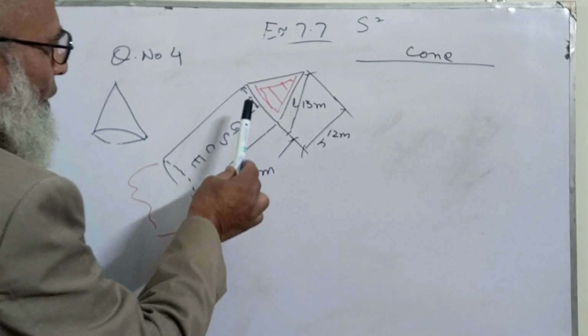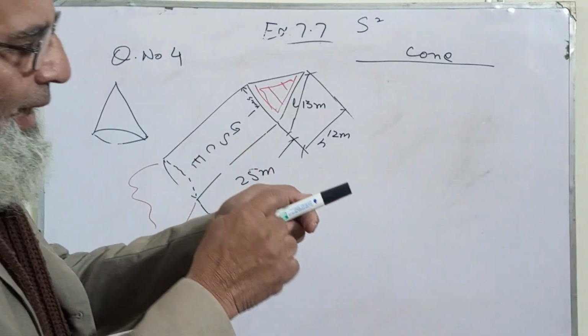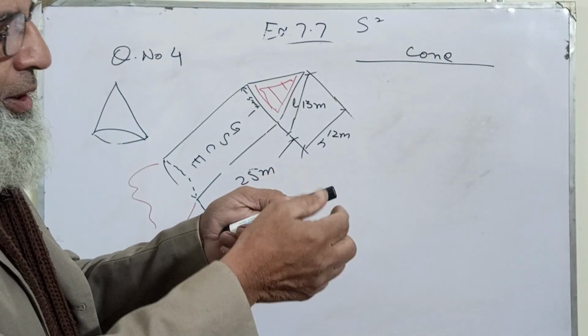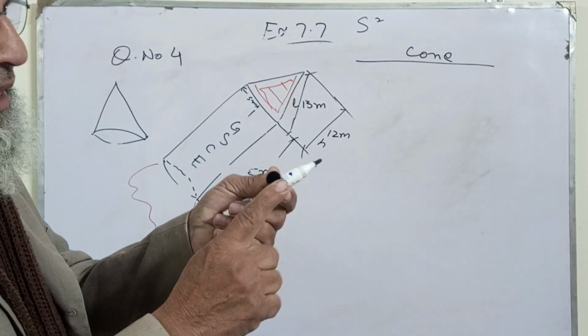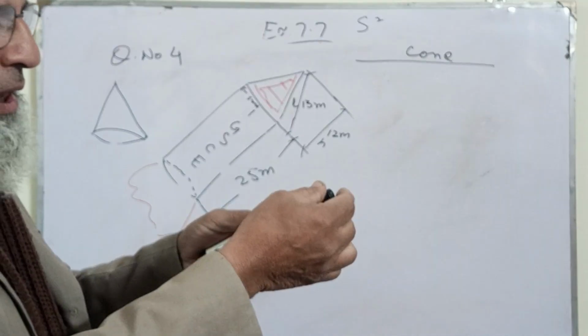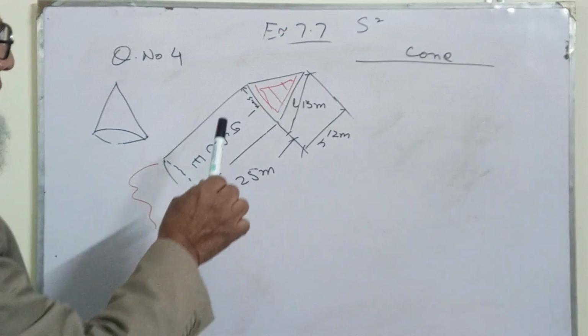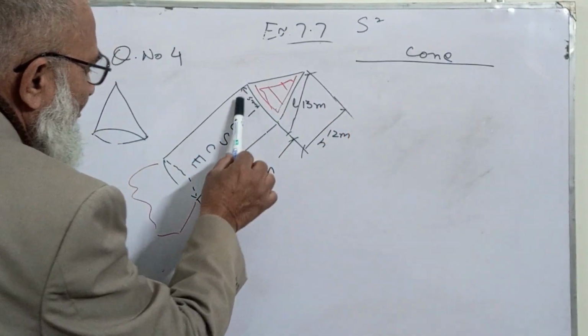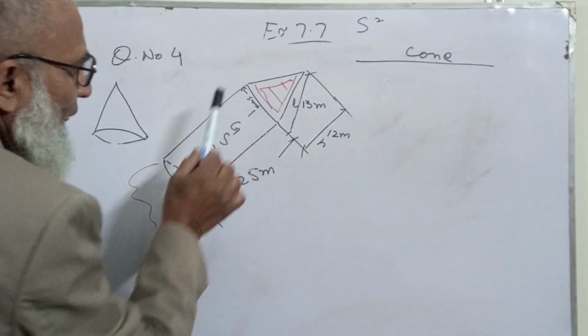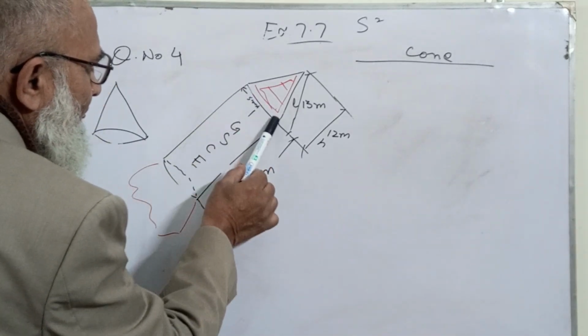Just imagine that this cone is attached to this cylinder, therefore it doesn't have any base. This is one point which you must understand: the cone doesn't have any base because it is welded, joined at this point.